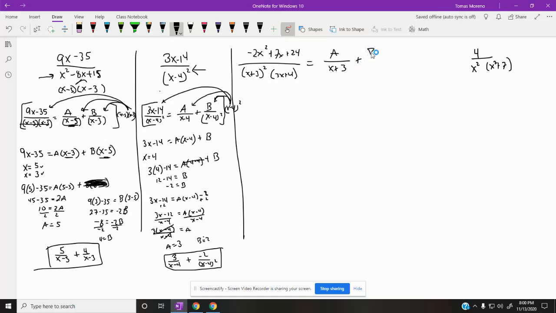And then we're going to have b over x plus 3 squared, just like how we did it over here. But now we have a third factor. So we're going to put plus c over 3x plus 4.